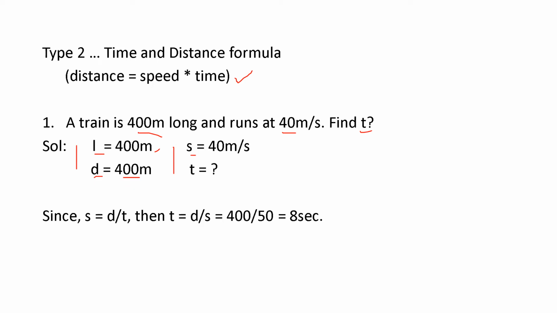So length is the same as distance, hence d is equal to 400 meter. So s you have, d you have, t you have to find. t is equal to d by s, and you get 8 second. This is the time and distance formula.